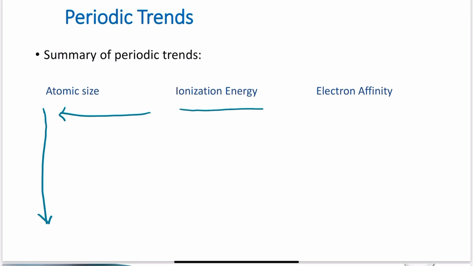Ionization energy tends to increase across the table and up the table. There are exceptions. Electron affinity is how much it wants the electron, and that tends to increase across and up the table as well. But there are tons of exceptions to electron affinity, and we will cover those.